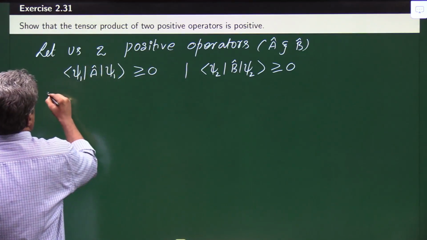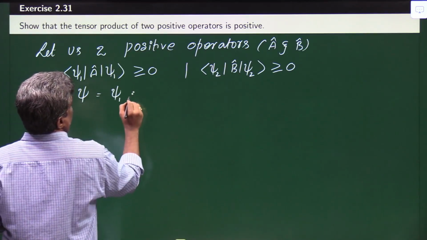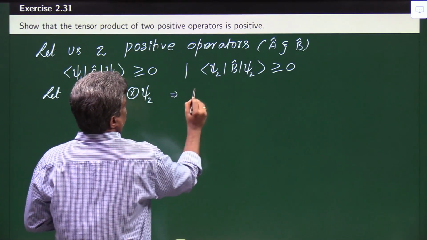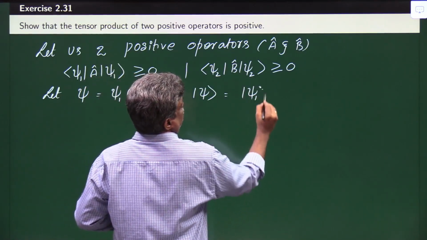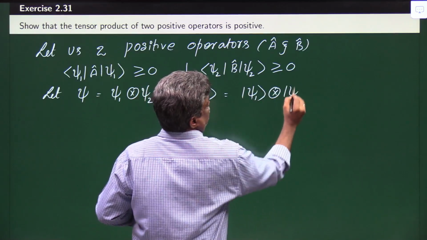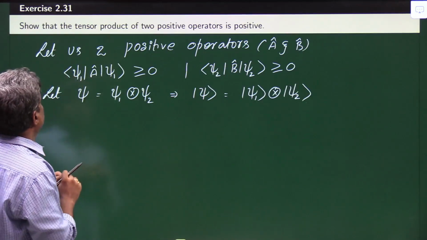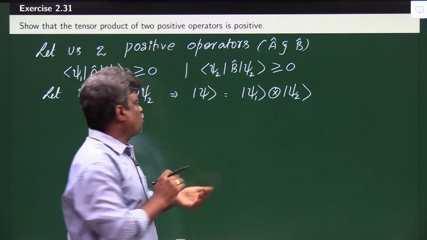Now let us define the combined state ψ, which is the tensor product of ψ1 and ψ2. In the Dirac notation we can write ψ equal to ket ψ1 tensor ket ψ2. Now we have to show that the tensor product of two positive operators is also positive.